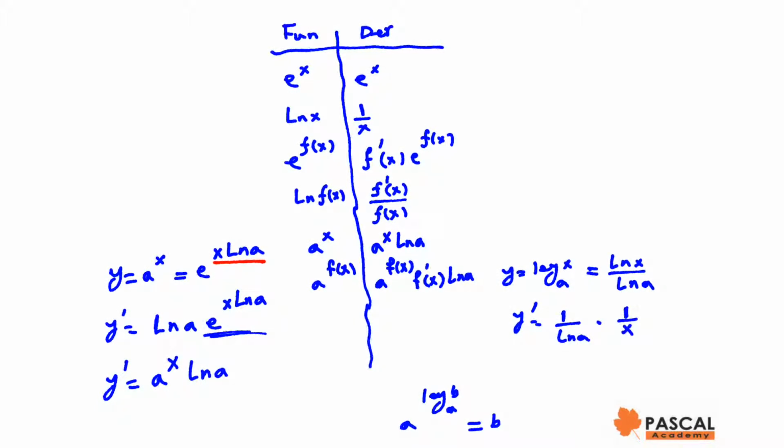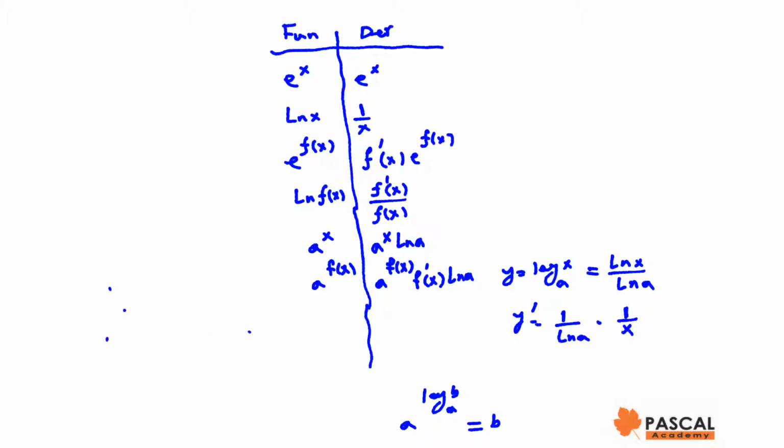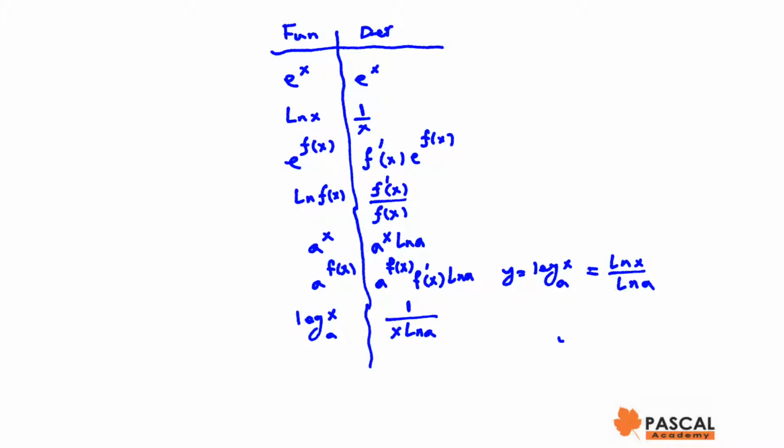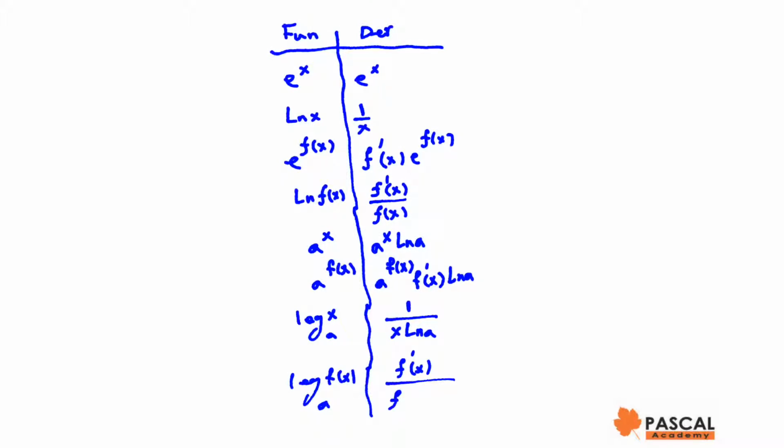This means the derivative of log base a of x is 1/(x ln a). And if we apply chain rule to this formula, then the derivative of log base a of f(x) is f'(x)/(f(x) ln a). And these are the formulas that we need to work with in this section.